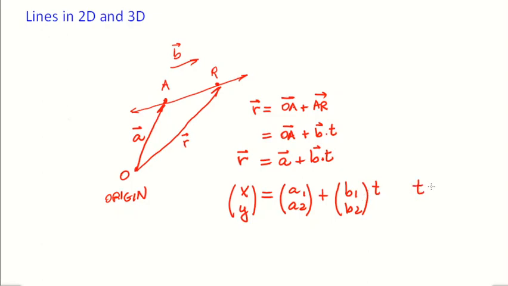And t is some real number. This is called the vector equation of the line. This vector B here is also called the direction vector.